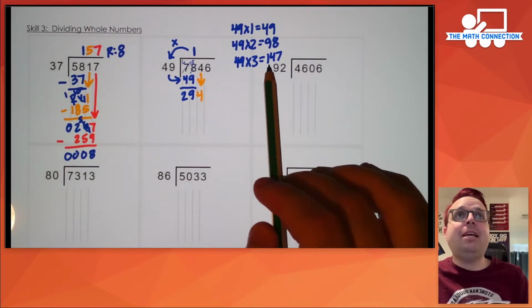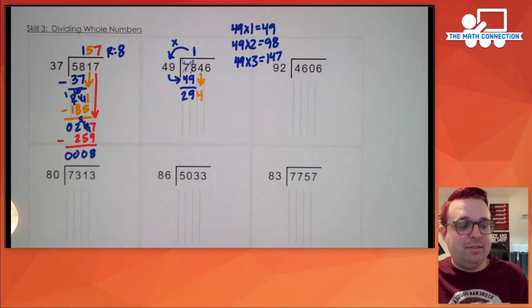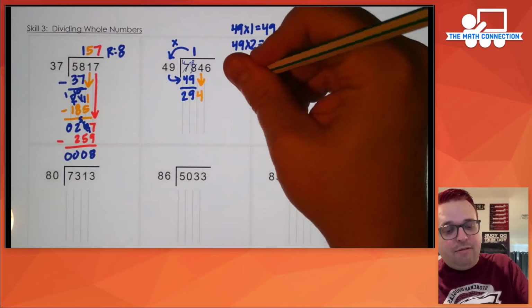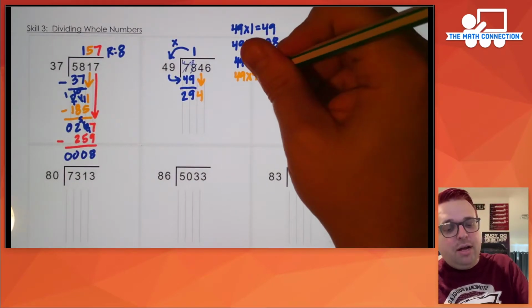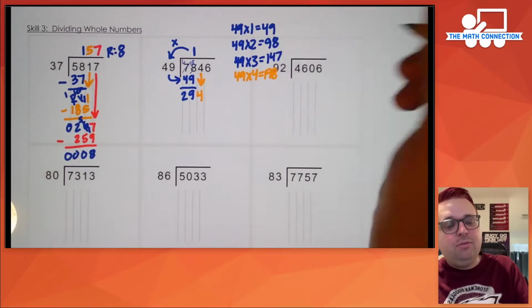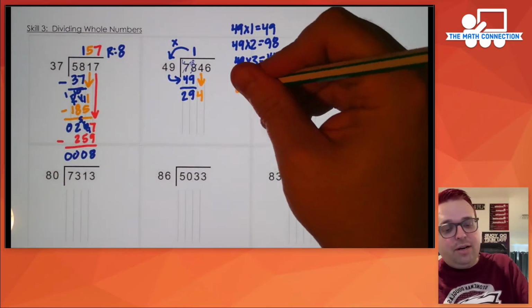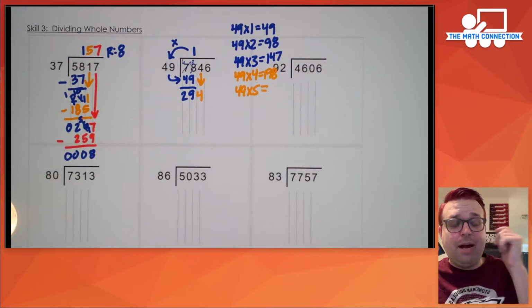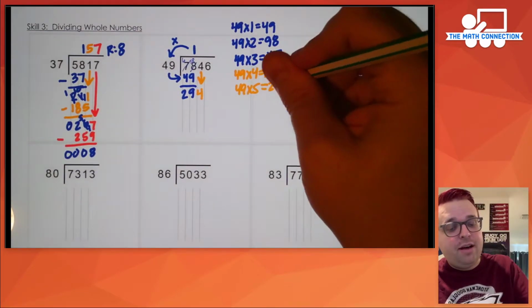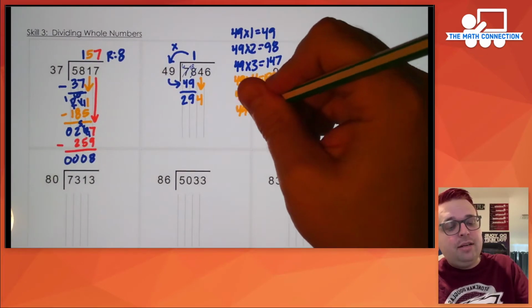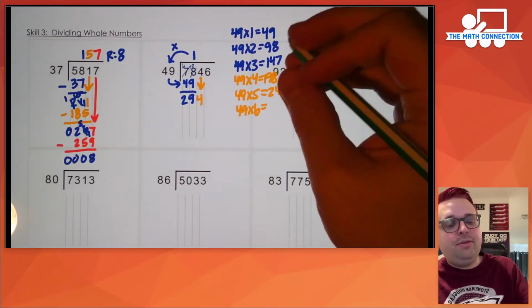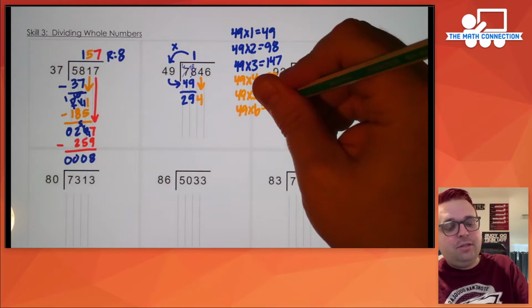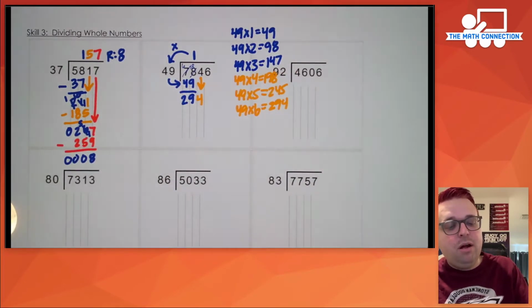Well, on my times table here, I got up to 147, so let's just keep going. 49 times 4 is 196. We're getting close. 49 times 5 is 250 minus 5, which is 245. And 49 times 6 is going to be 300 minus 6, which is 294.